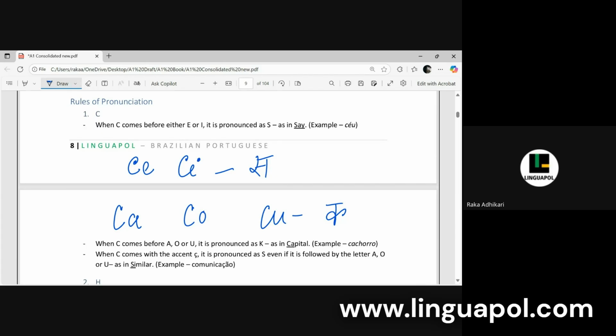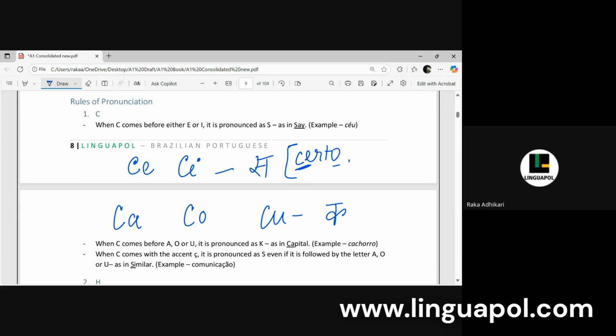Let's see some examples. For example, we read certo. In that case, you can see that the C is coming with E. C-E-R-T-O, certo.